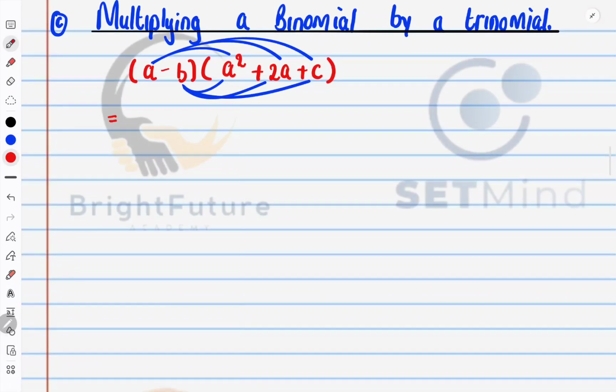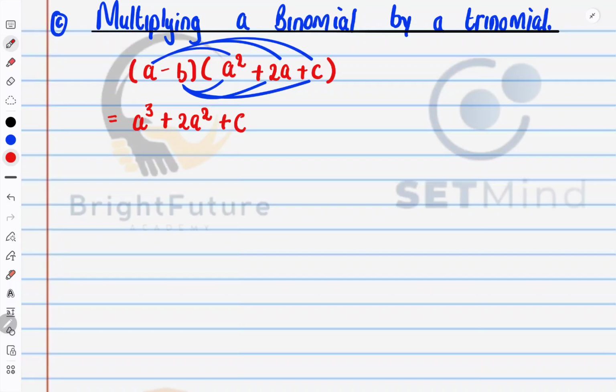So our answer will be a multiplied by a squared. According to the laws of exponents, this will be a cubed, and then a multiplied by 2a will be plus 2a squared, and a multiplied by c will be plus c. Then let's deal with b, the second term.